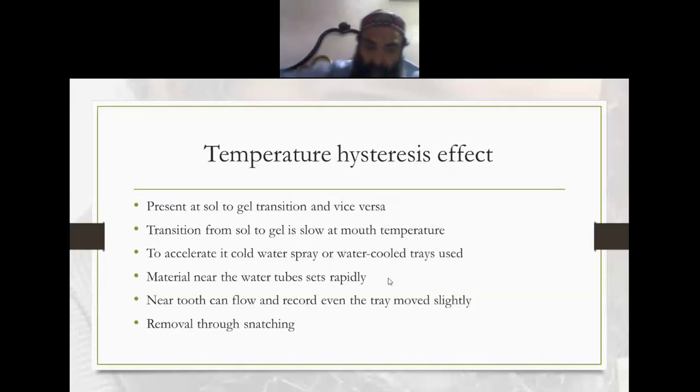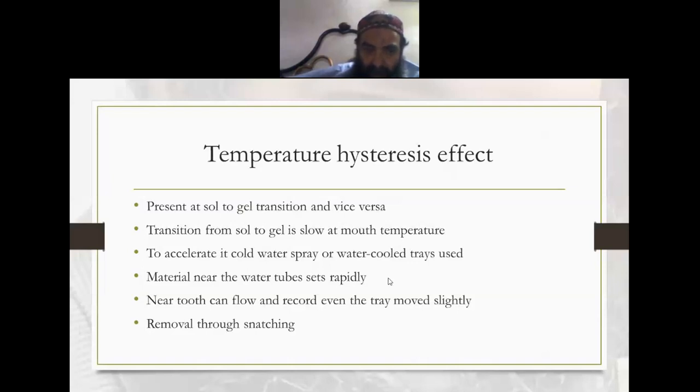Material near the water tubes sets rapidly. Near the tooth, obviously, it sets rapidly because water is cooling down the material.